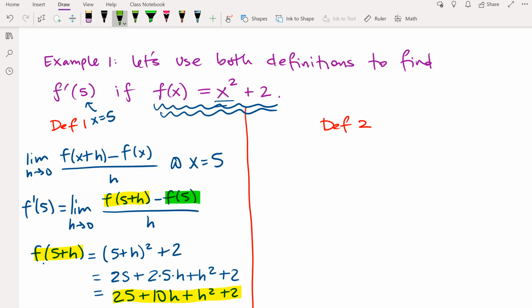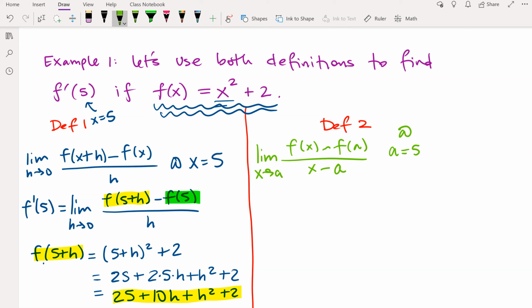So now I'm just going to write the basic definition. We need the limit as x approaches a of f of x minus f of a over x minus a. And we're going to say a equals 5.